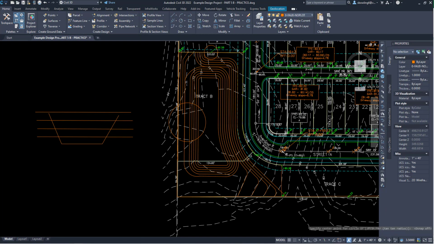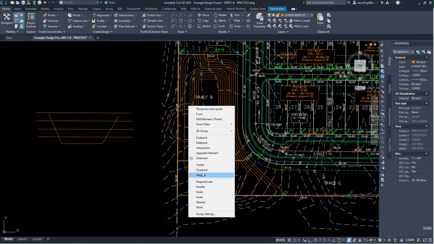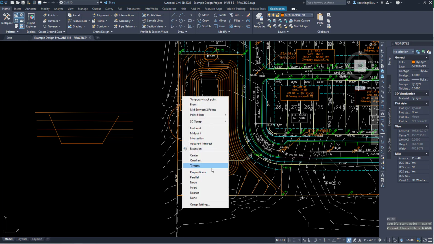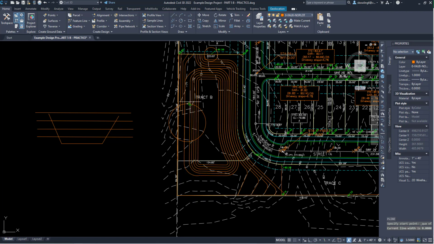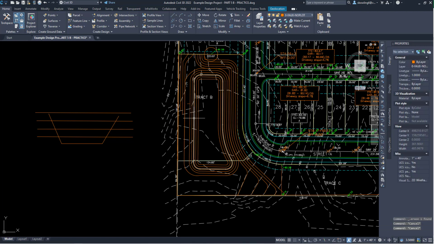then I could actually create an overflow weir, quadrant, perpendicular, offset that 70. So this would be the distance of my overflow weir.